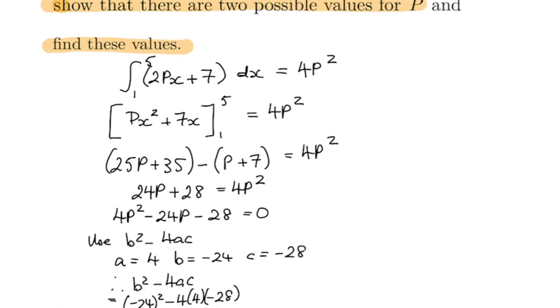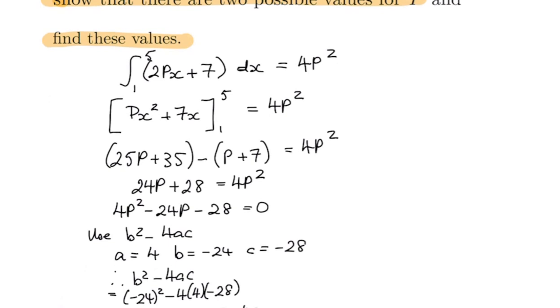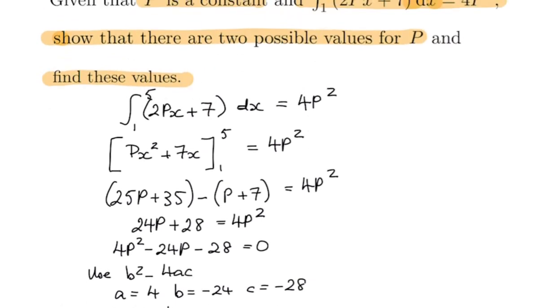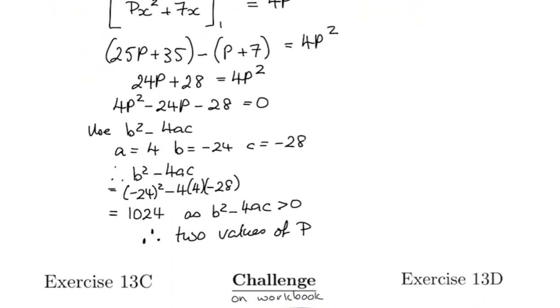And you can say, as b squared minus 4ac is greater than 0, therefore two values of p, which is what we were asked to show, that there are two possible values for p.